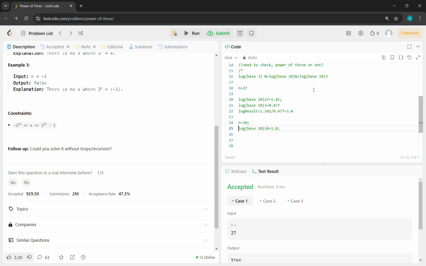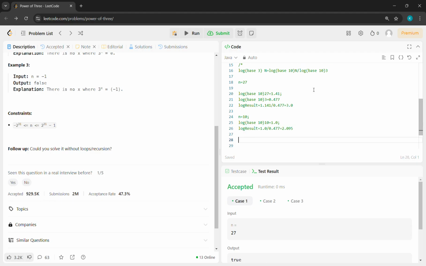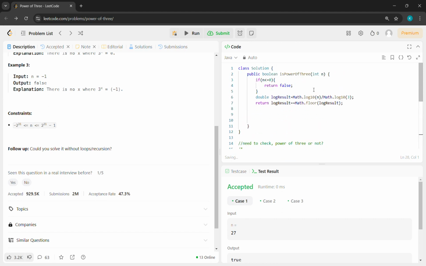Now if we do what we have done previously, like if we divide 1.0 with 0.477, the output which we would be getting is 2.095. Okay, so which is definitely not a whole number, and which is definitely not coming as the kind of a divisible or a factor of 3 as well. So this is a mathematical approach which we can use to check it out. So the solution remains same.